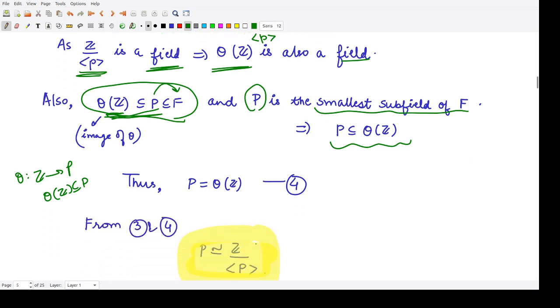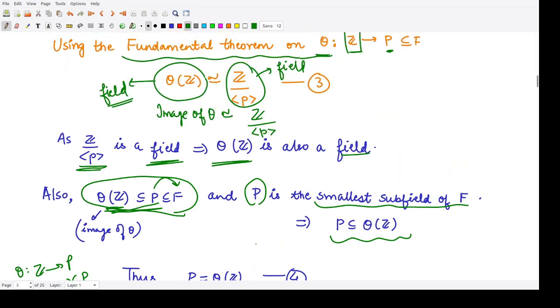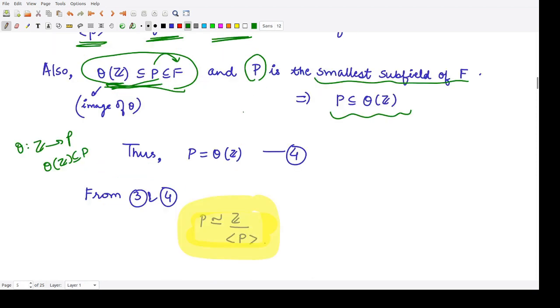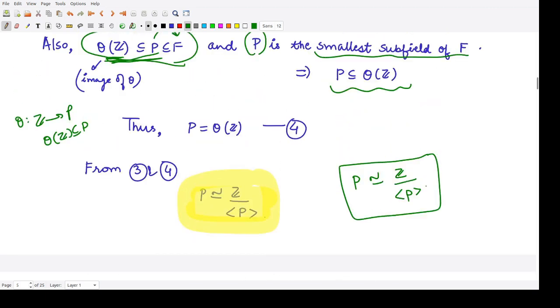And what was theta of Z? Theta of Z was nothing but Z divided by the ideal generated by P. Therefore, we can write P to be isomorphic to Z mod the ideal generated by P. So this is the result that we have, and this is what we intended to prove here, right?